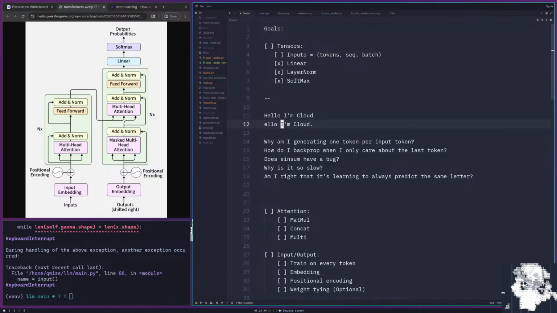So if my number of characters in the input is 10, I'm getting 10 training samples per sample, in a way. So in that sense, it makes a bit of sense to me.